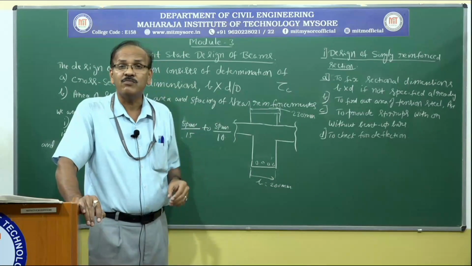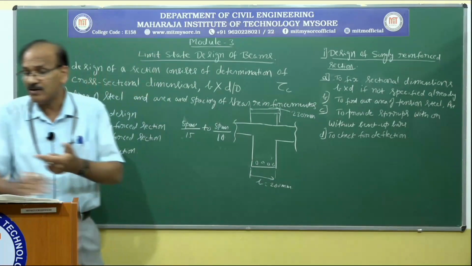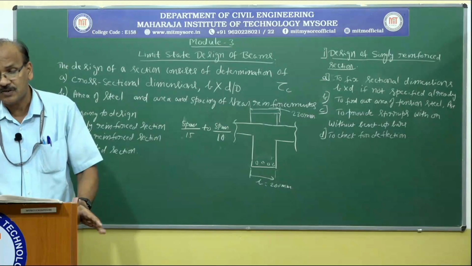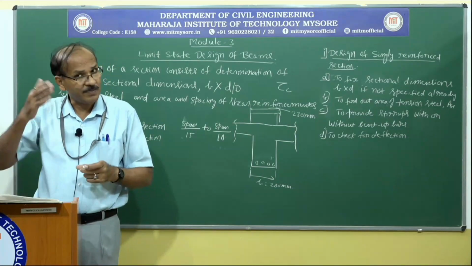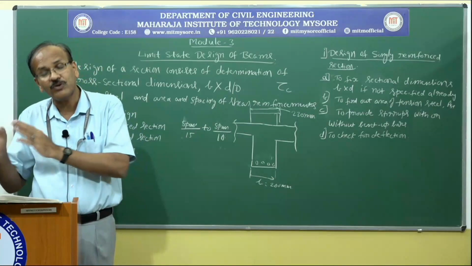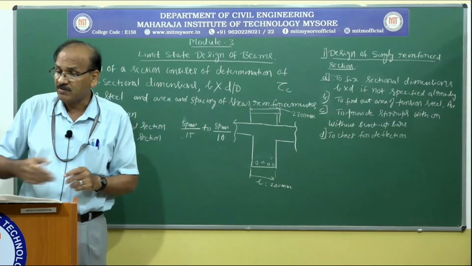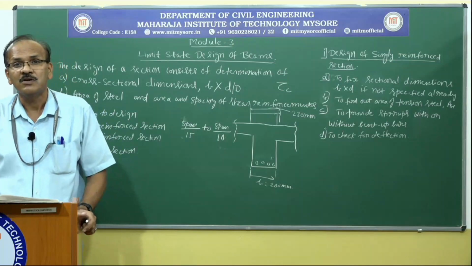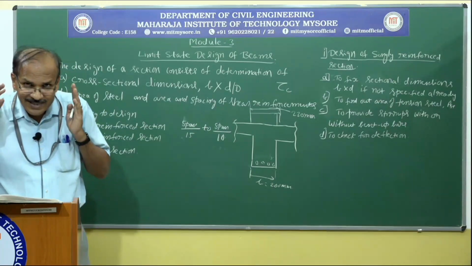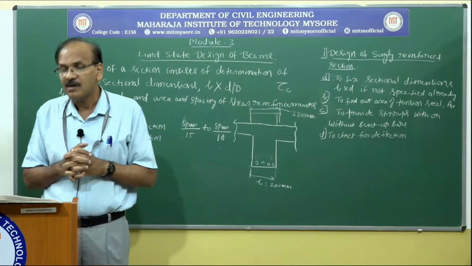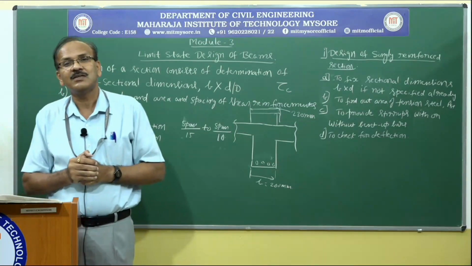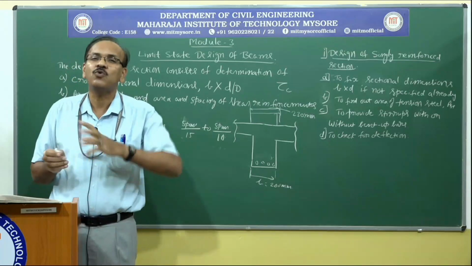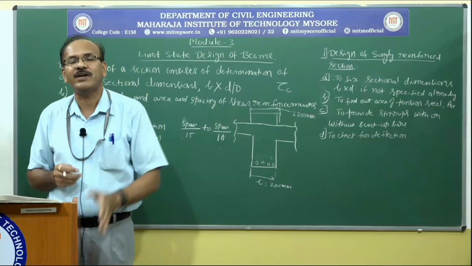These values are modified accordingly, assuming the span is within 10 meter. If the span exceeds 10 meter, there is going to be another modification. Once we check that the depth provided satisfies these conditions, we don't have to check for actual deflection.